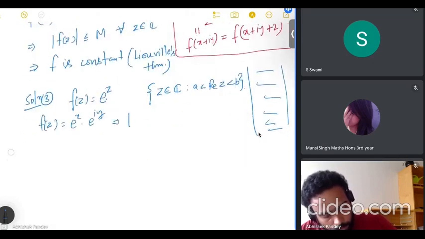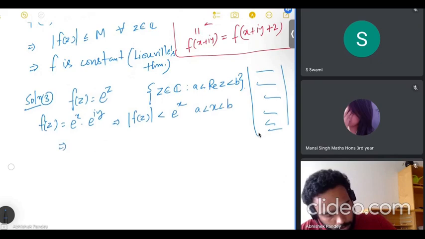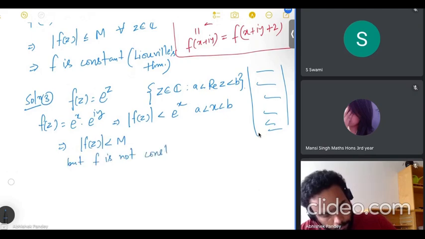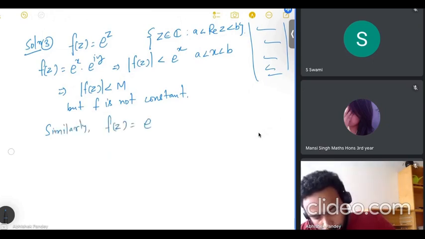This implies the modulus of f(z) equals e to the power x, and this e to the power x is bounded, where x is between a and b. So this implies mod f is bounded, but f is not constant. Similarly, you can take f(z) equal to e to the power iz for the horizontal strip.